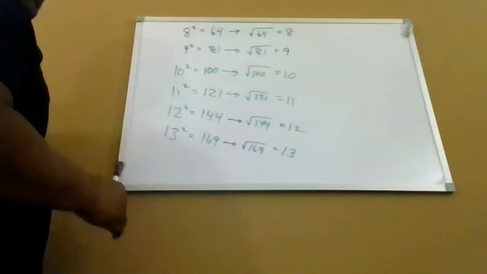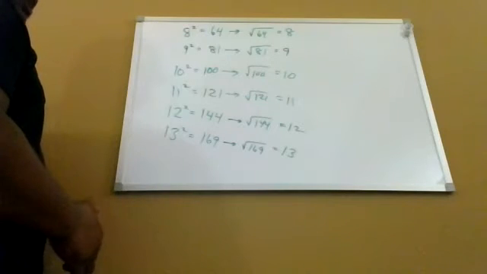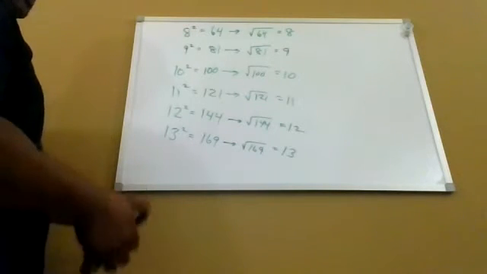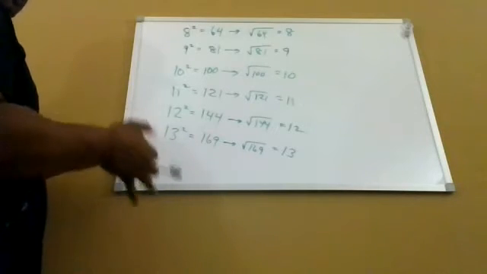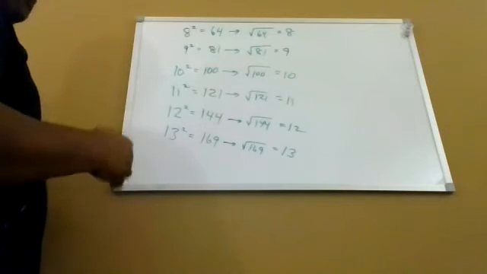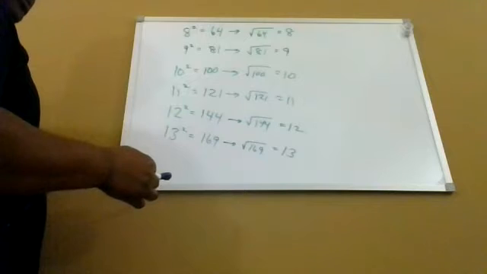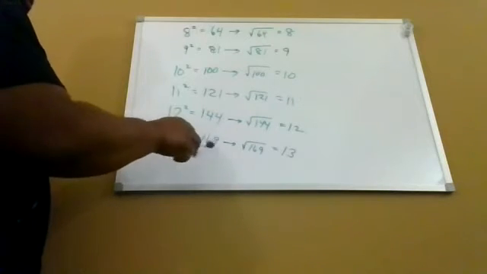But I wanted to go through this video to help you understand what squared means. And squared means, for example, when I point to 13 squared, that means 13 times 13. And then that equals 169.